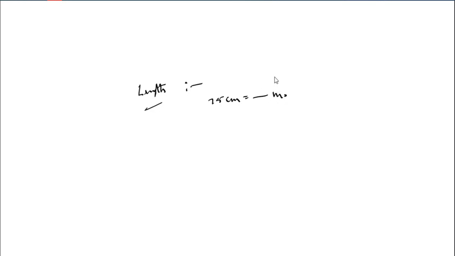Similarly, suppose we consider length. Suppose 75 centimeters. In 75 centimeters, how many meters are there? What is the relation between meters and centimeters? 100 centimeters is equal to how many meters? 1 meter. In 1 meter, how many centimeters are there? 100.